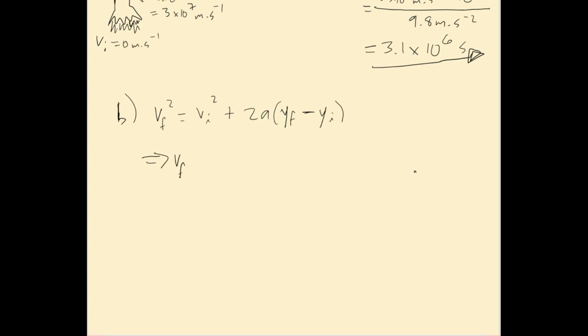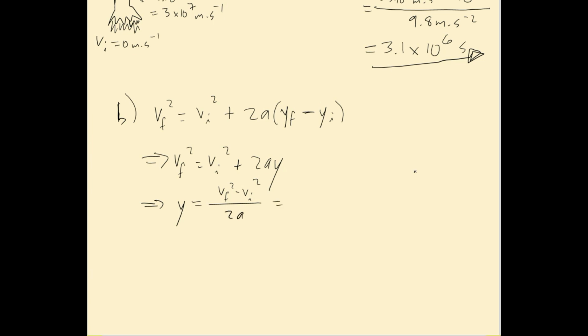So we've got Vf squared is equal to Vi squared plus 2a y. I won't even write y final, let me just write y. So we want to make y the subject of the formula. We subtract Vi squared on both sides and divide by 2a. We get y is equal to Vf squared minus Vi squared all over 2a, and we can plug in these values.